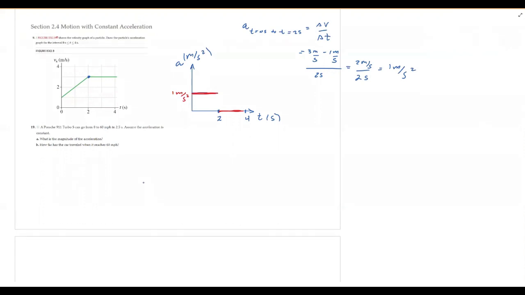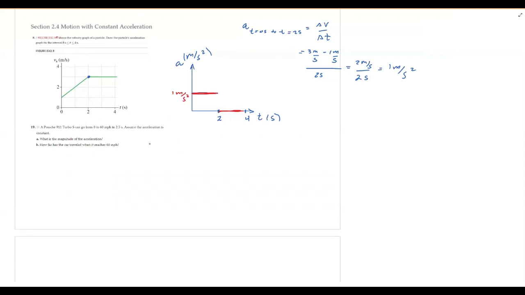So the first thing I have to do is convert those 60 miles per hour into meters per second. You can convert the miles to meters, and you can convert the hours into seconds. In the last class, I gave you some of those conversion factors. You can also find more of those conversions in your textbook or on the internet.